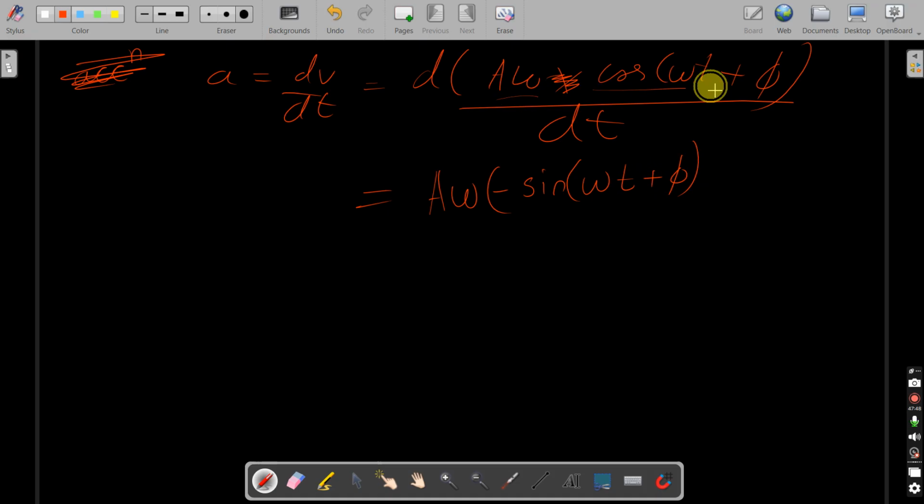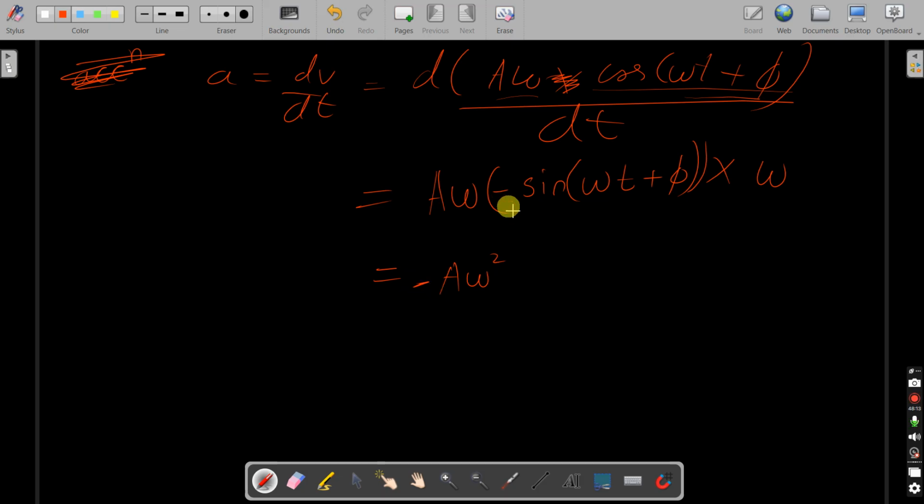Now we differentiated this, we also have to differentiate the inside. The differentiation of this: this is a constant and this is a constant, so this will get eliminated. We are left with omega. The answer is a omega square, because this omega and this omega get multiplied.